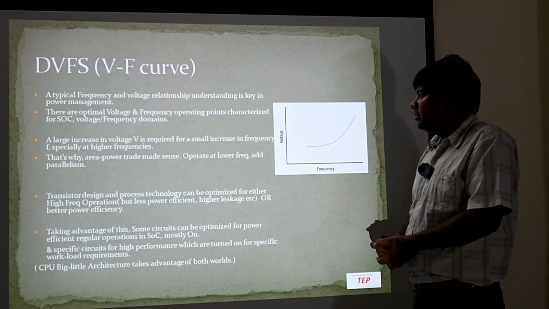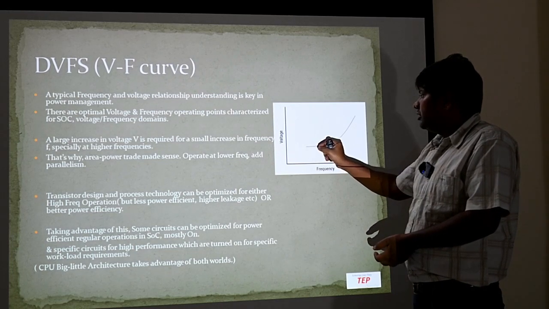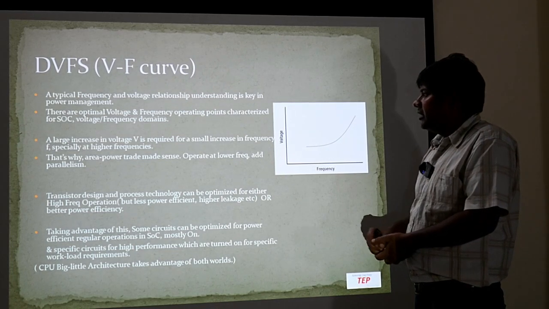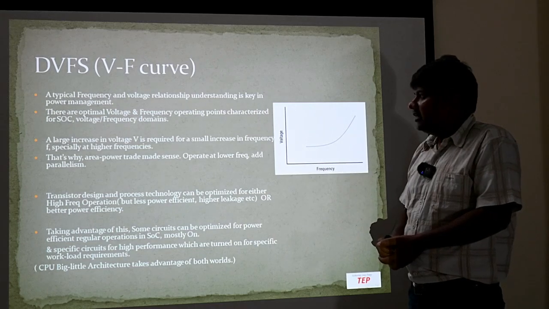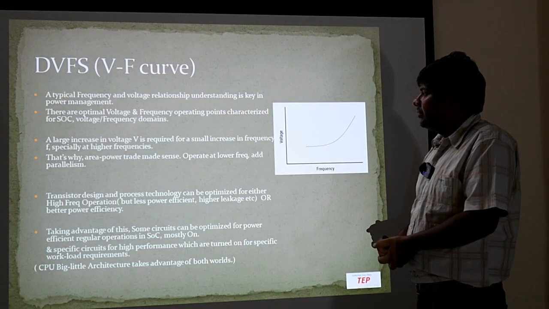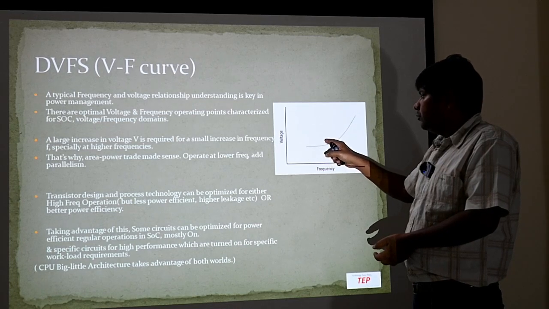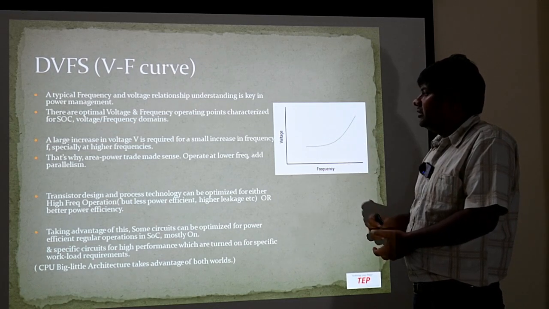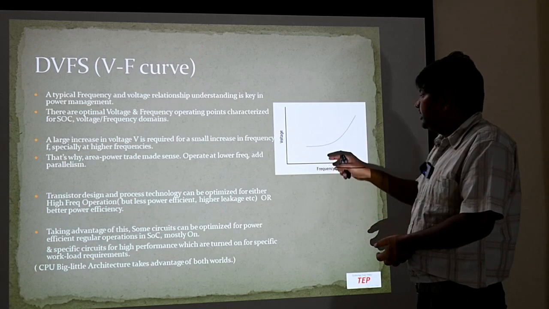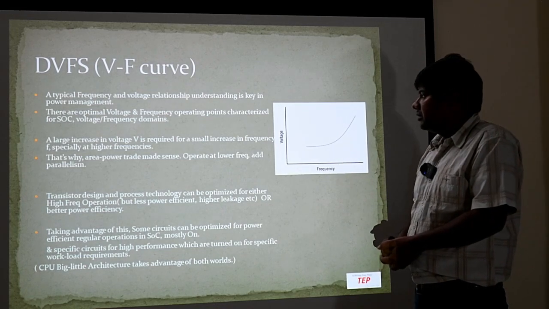There will be optimal frequency and voltage points that will be selected during that characterization. And at runtime, the power management controller can hop from one point of V and F to another point, which are already characterized for a given silicon.